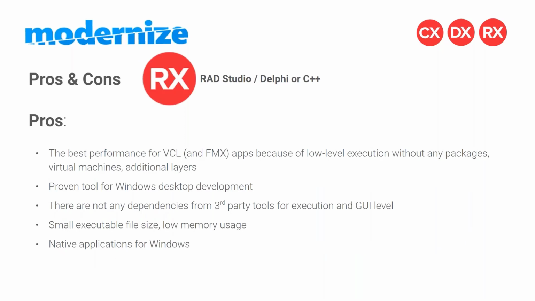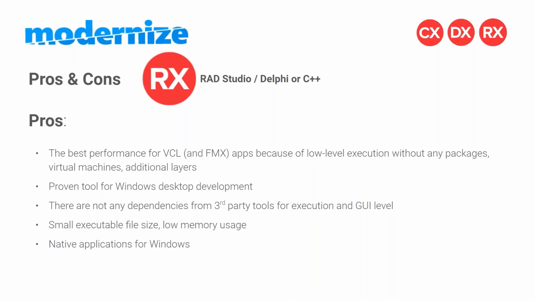Now let's return to RAD Studio. Oh yes, we have the best performance for VCL and FMX because of low-level execution without any packages, because in the end we have a binary which is ready for use like machine code. That's really machine code which can be executed immediately.